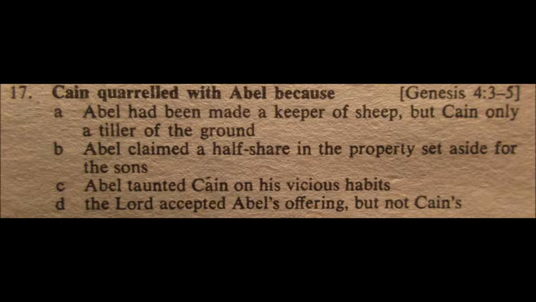Or D, the Lord accepted Abel's offering, but not Cain's. And I am going to go with D as the correct answer, although A, Abel had been made a keeper of sheep, but Cain only a tiller of the ground, is true. I don't think it is the answer, though, to this question. And I'm going to select D as my answer for 17.